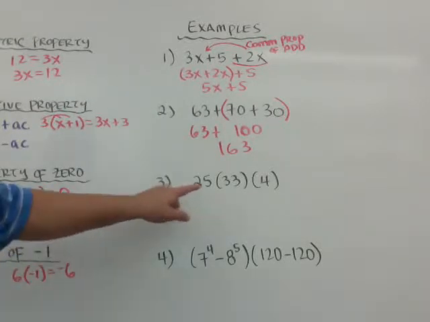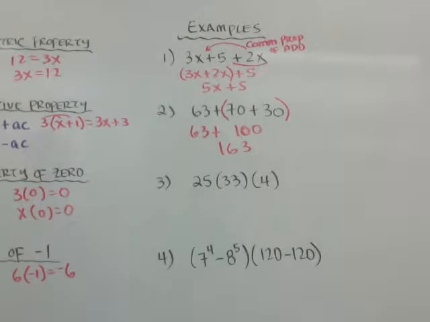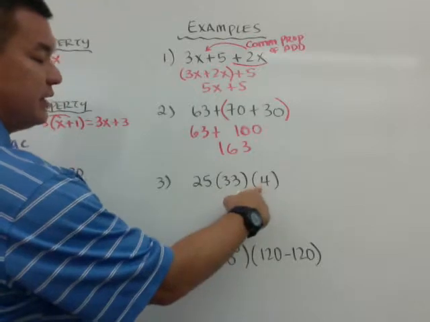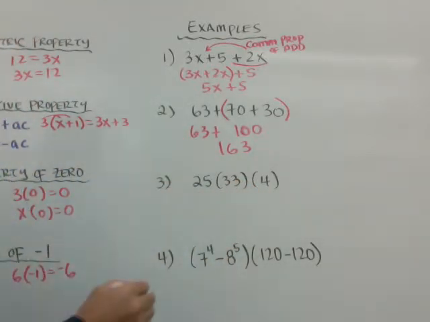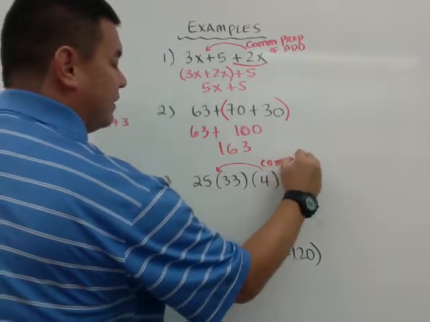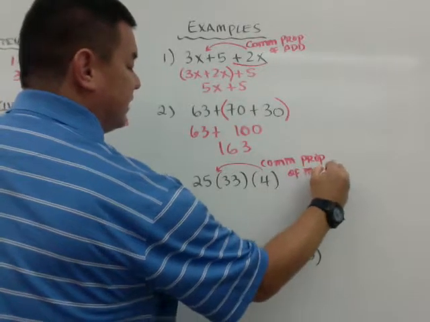In this case, if you wanted to multiply 25 times 33 times 4, you might have memorized that 25 times 33 is 825, and then you can multiply it by 4. Or, if you notice, 25 times 4 is a pretty simple multiplication. It's like saying 4 quarters. So I could actually move this by the commutative property of multiplication, since they're all multiplying.